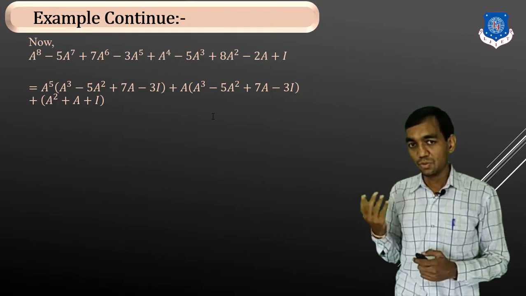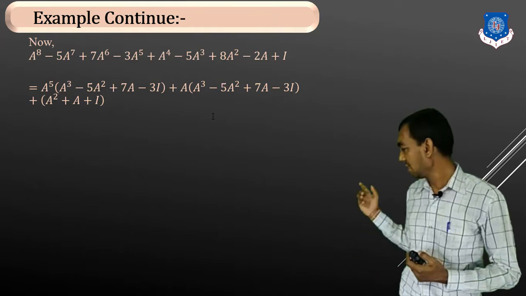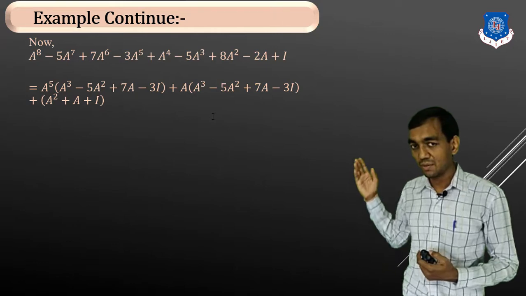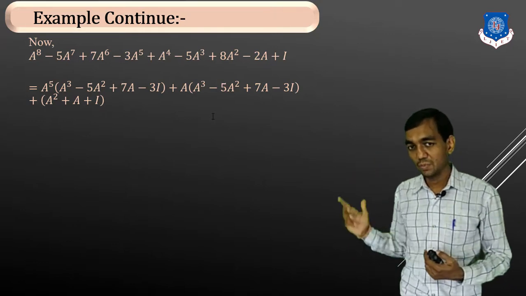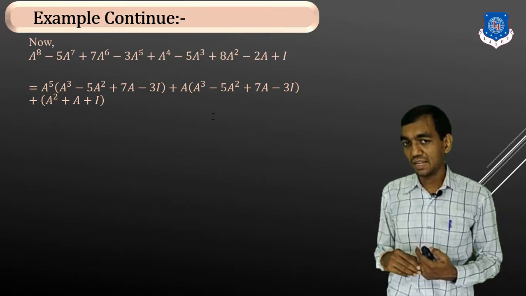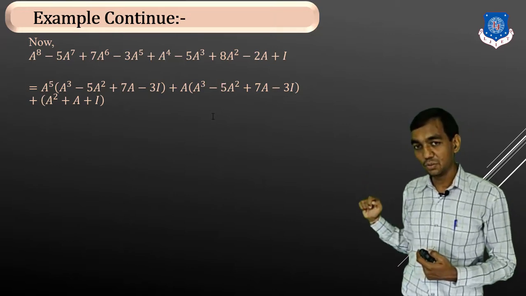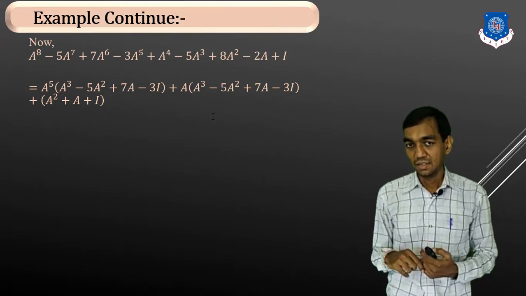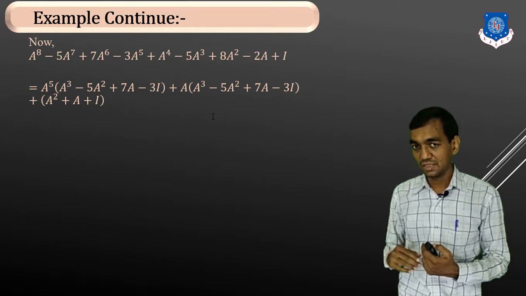So now again we are going to write the polynomial, that will be A cube minus 5A square plus 7A minus 3I. Now we require the term A raised to 4. So for A raised to 4 you have to multiply this second bracket by A. So multiplying the second bracket by A, that will give you the terms A raised to 4 minus 5A cube plus 7A square minus 3A. Now see, A raised to 4 is there, minus 5A cube is there.